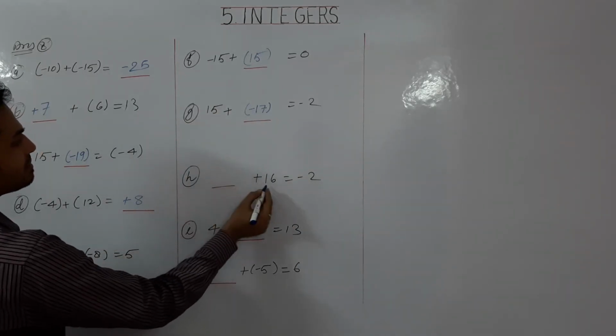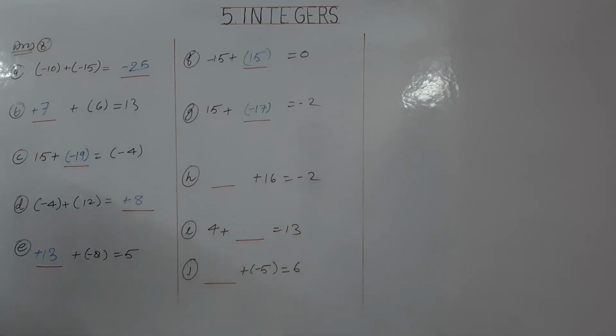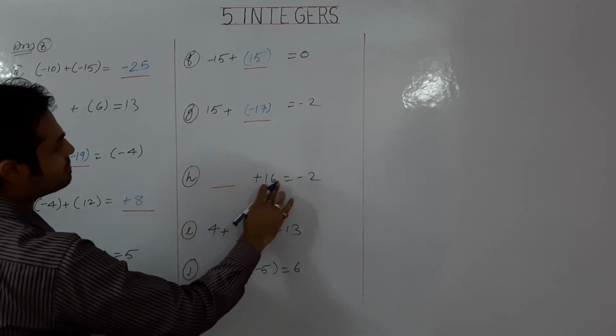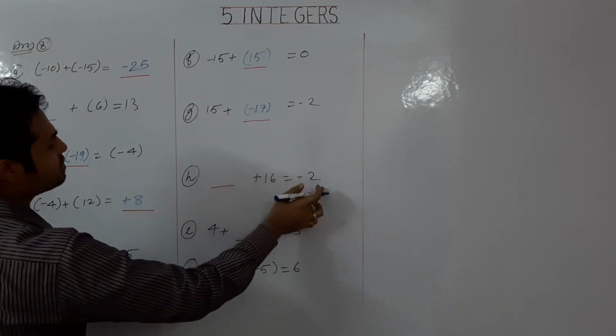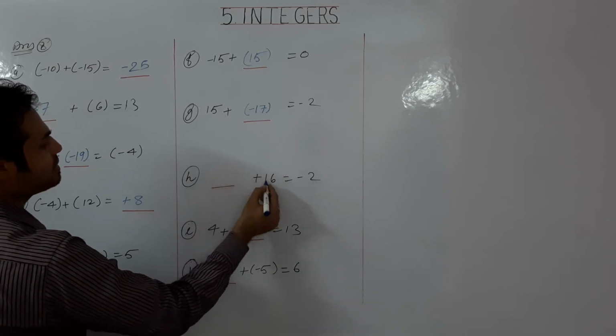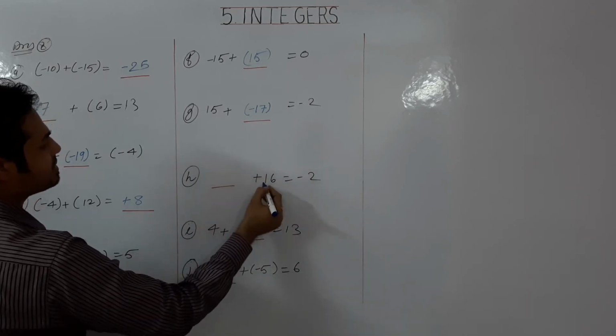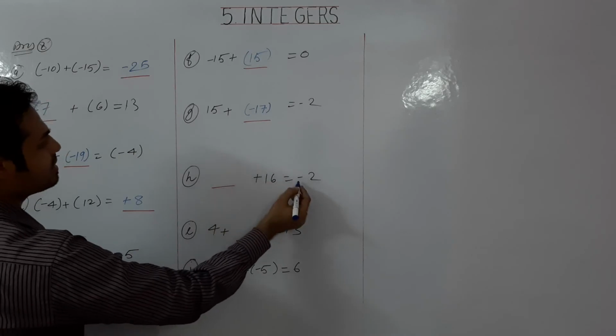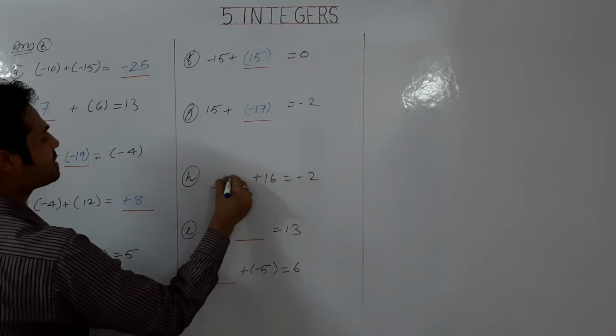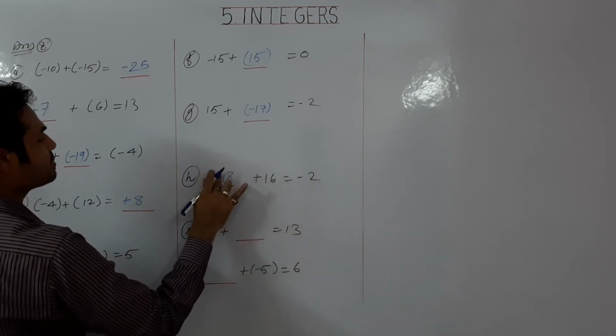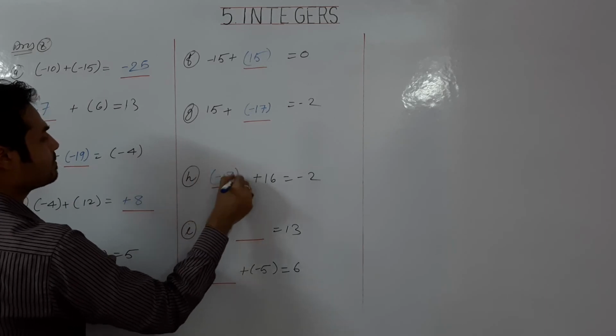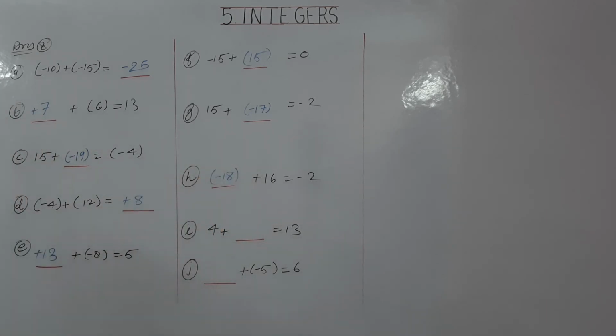Then missing number plus 16 is minus 2. So the total of these two numbers is 2. For finding this value, just change its place. Plus 16 will become minus 16. Minus 2 and minus 16 is minus 18. So the missing number is minus 18.